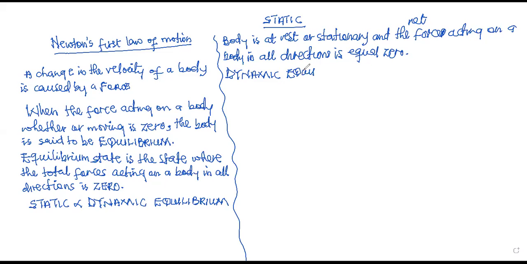So here the body is in motion, and the total or the resultant force acting on the body is equal to zero, and the body therefore moves at a constant velocity.